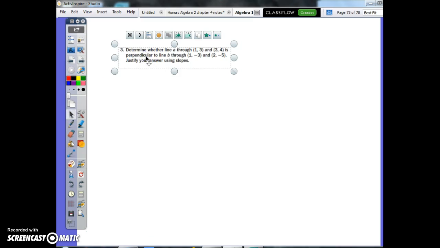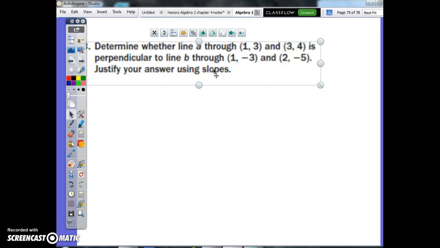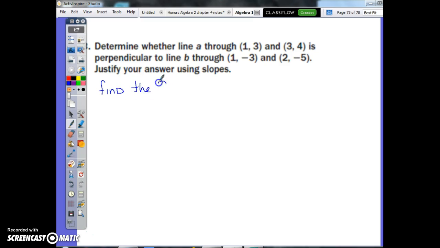All right. Determine whether the line A through 1, 3 and 3, 4 is perpendicular to line B through 1, -3 and 2, -5. So find the slopes. So all you have to do is find the slopes, and you're going to say m equals y sub 2 minus y sub 1 over x sub 2 minus x sub 1.